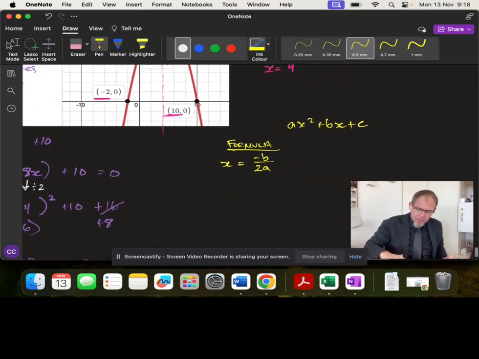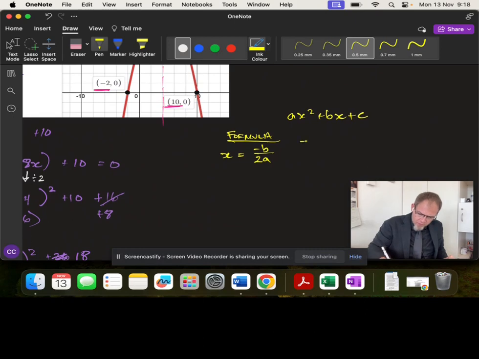So again, when our equation was negative 1/2 x squared plus 4x plus 10, well, negative b would be negative 4 divided by 2 times negative 1/2.